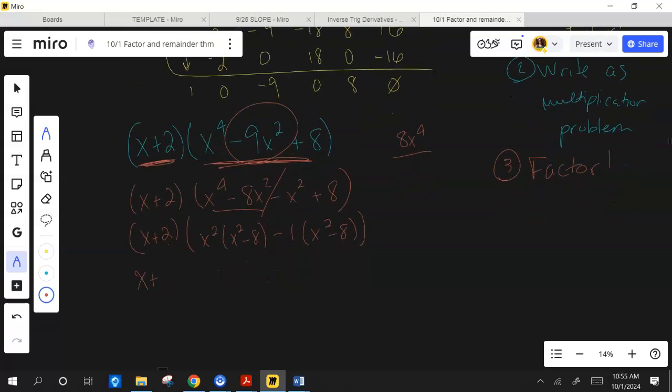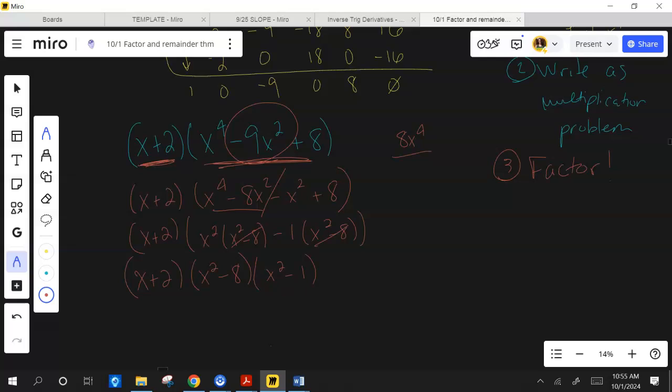So I've got x plus 2, x squared minus 8 times what? What's left? Is it factored completely? No, I can still do something else.